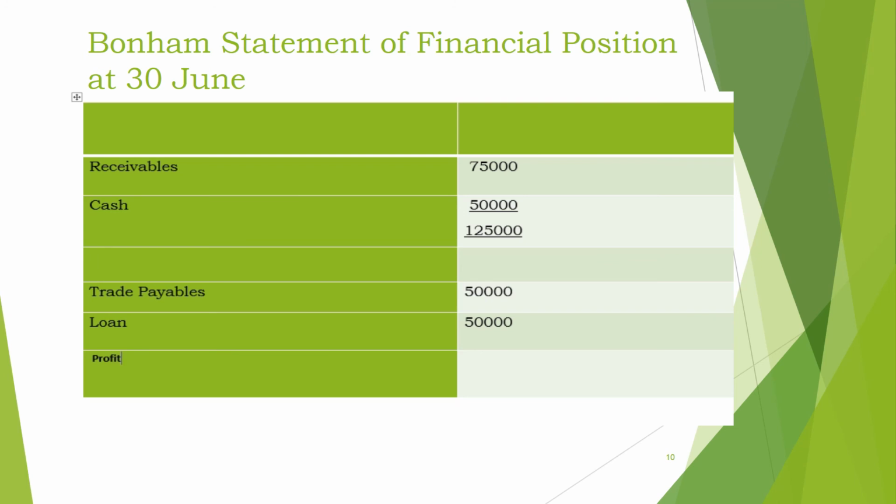You remember that we had a profit, and the profit was 25,000. Which gives us 125,000. I hope you are now starting to see where some of these numbers come from.